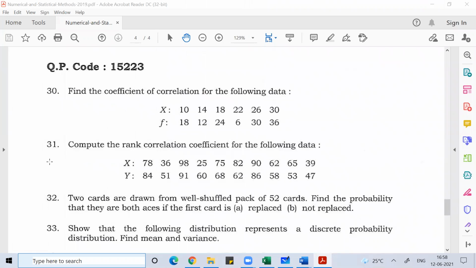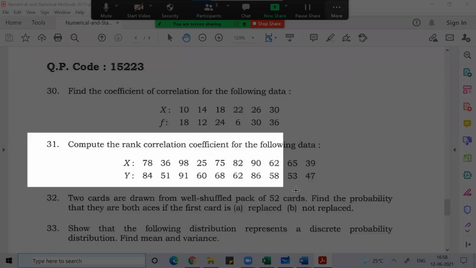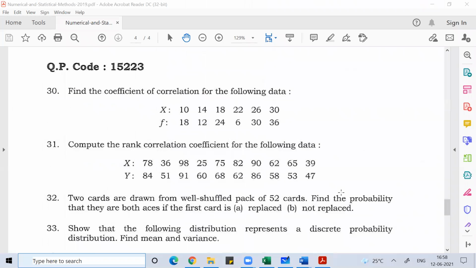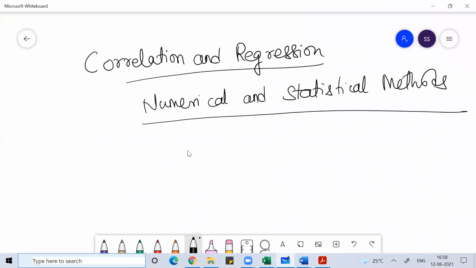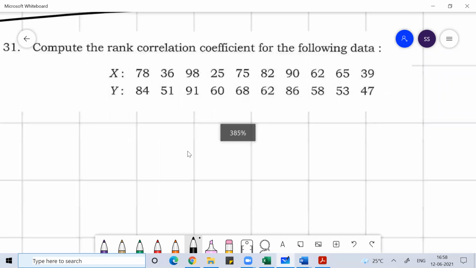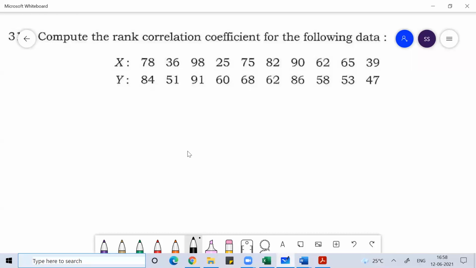Compute the rank correlation coefficient for the following data. So let's take down this problem. Let me just take a screenshot of this and then we'll try to solve this 2019 problem. This came for 5 marks in 2019.